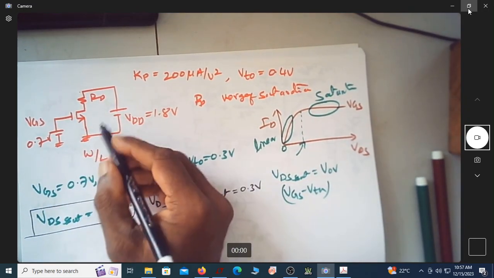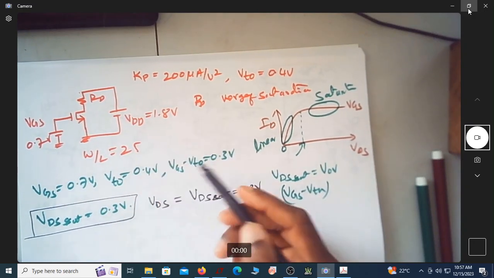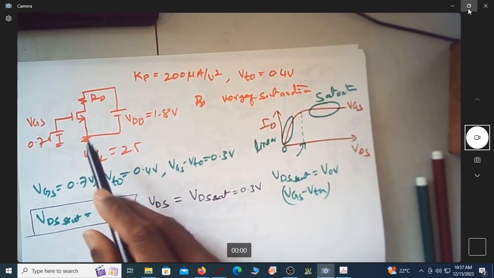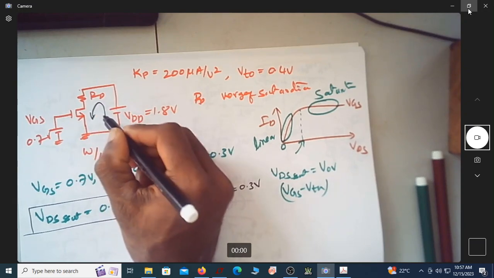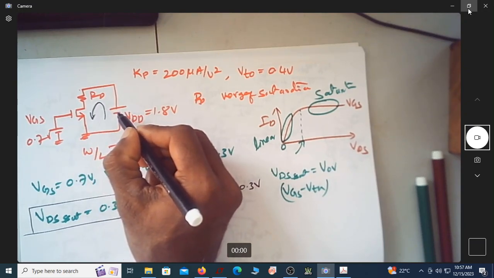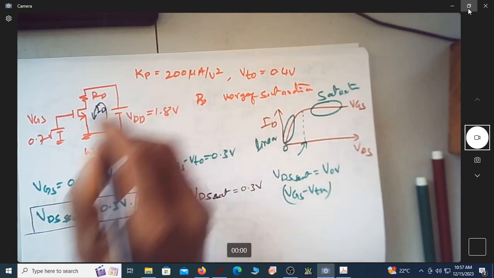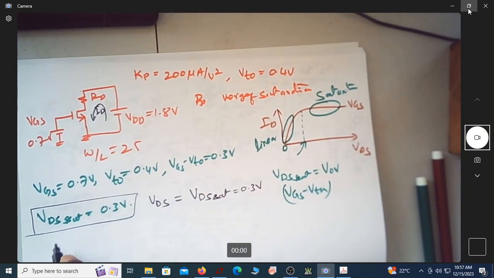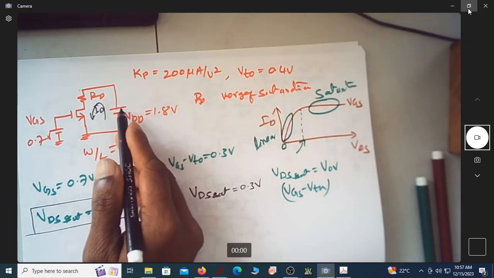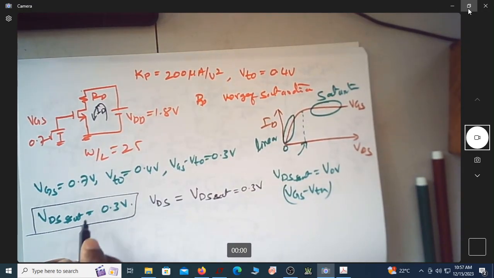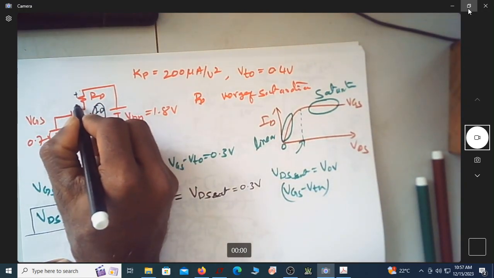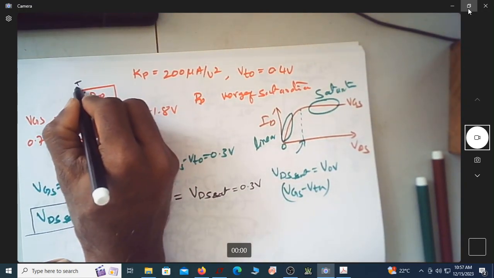Let us obtain the expression for the relationship between this VDS and RD by writing a KVL equation for this outer loop. Let us assume a current of ID flowing through the drain terminal of the MOSFET. Can we write this as voltage rise is VDD, and there is a voltage drop here. This is the current ID flowing through this.